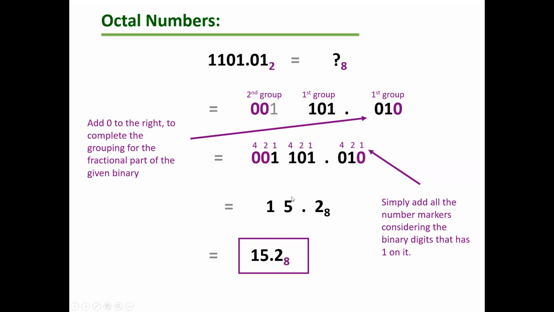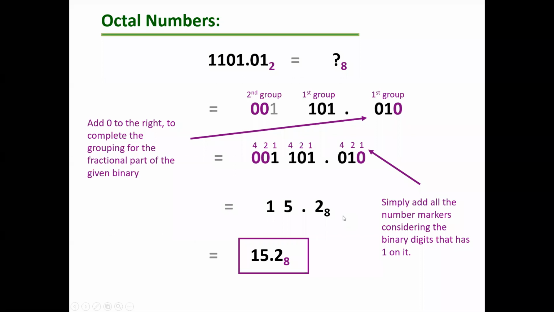So, i-add lang natin yan, it becomes 5. Ang naka-on sa second group natin ay 1, so 1 na lang kukunin natin. For our fractional part, ang naka-on dyan ay 2. And don't forget our decimal period. Doon pa rin yung location niya. Kaya magiging answer niyan is 15.2 with the base 8.